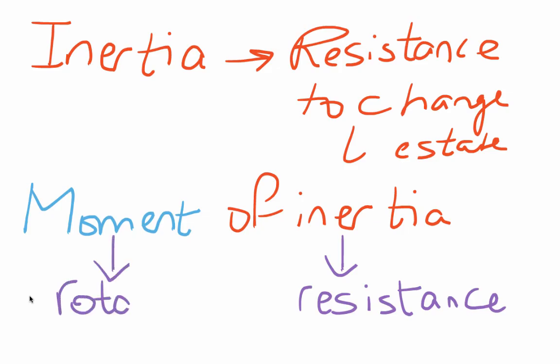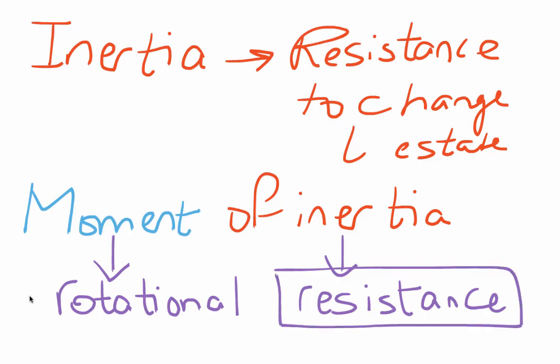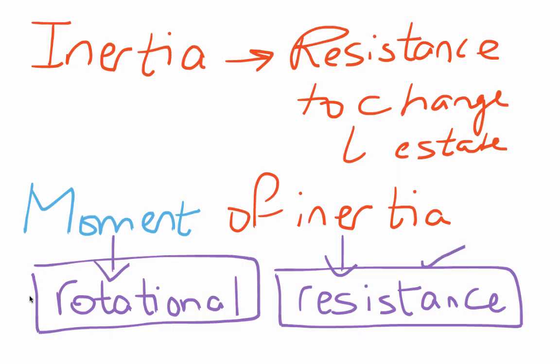In other words, when I am measuring the rotational inertia or the moment of inertia, I am measuring the resistance of an object to rotate. What are the factors that affect the resistance of an object to rotate?